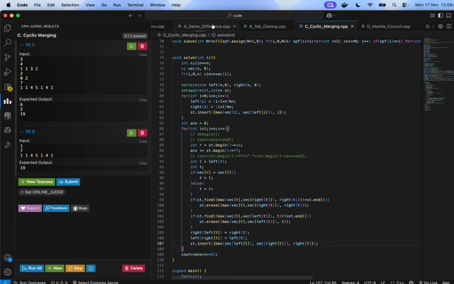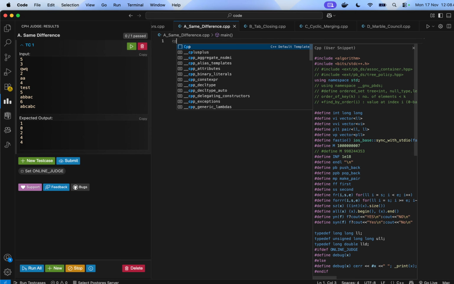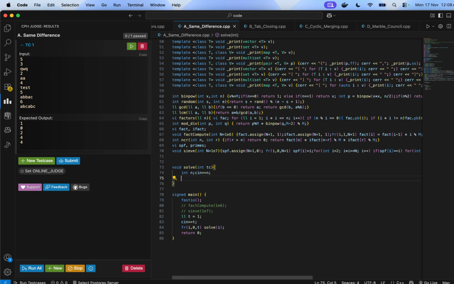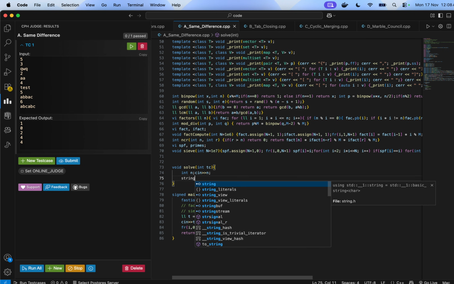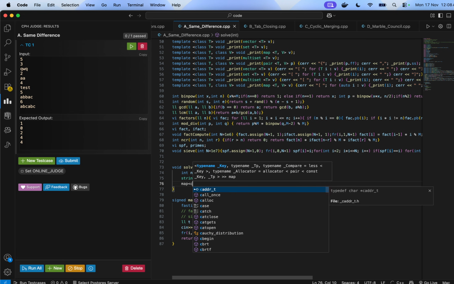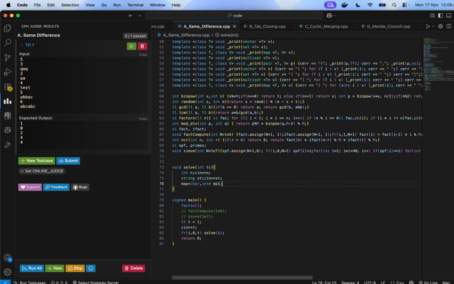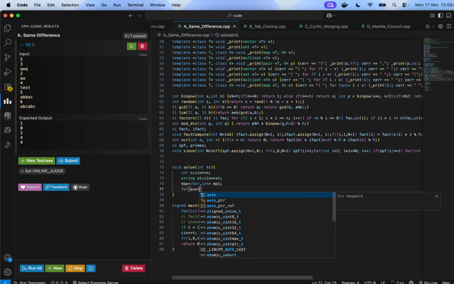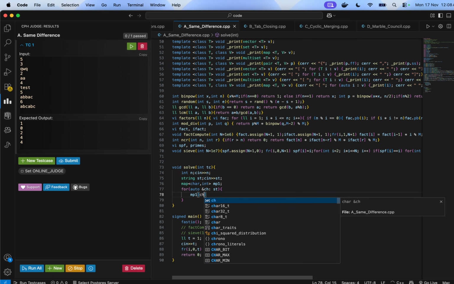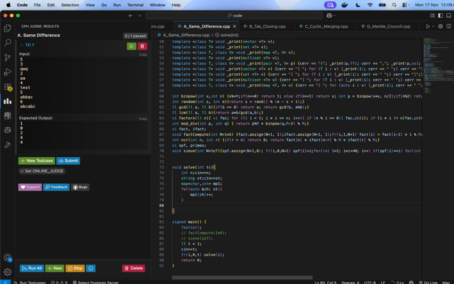Let's go to the code part. First take the size of the string as input, then the string. Iterate over the array and store the frequency of each character. And then what do we need to do?